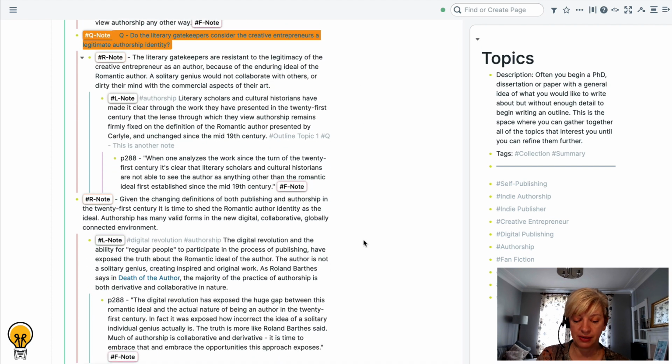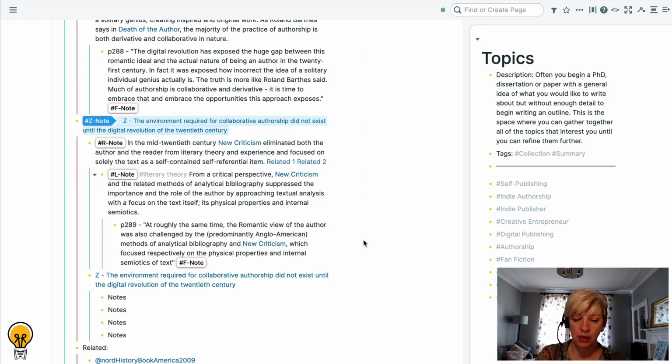So let's have a representation of a Z note. So here we are. I have said in the mid 20th century, new criticism eliminated both the author and the reader from literary theory and experience and focused solely on the text as a self-contained, self-referential item. I nested that under a Z note that said the environment required for collaborative authorship did not exist until the digital revolution of the 20th century.